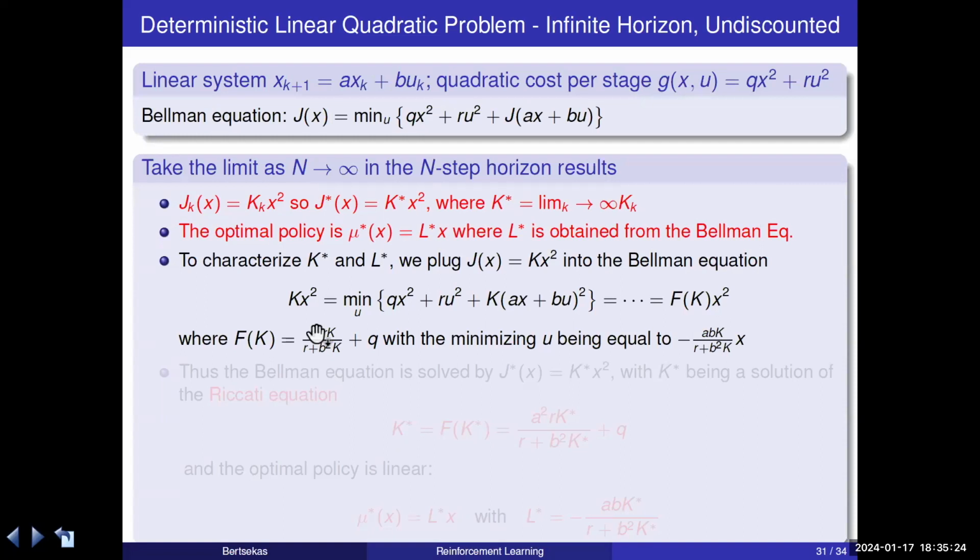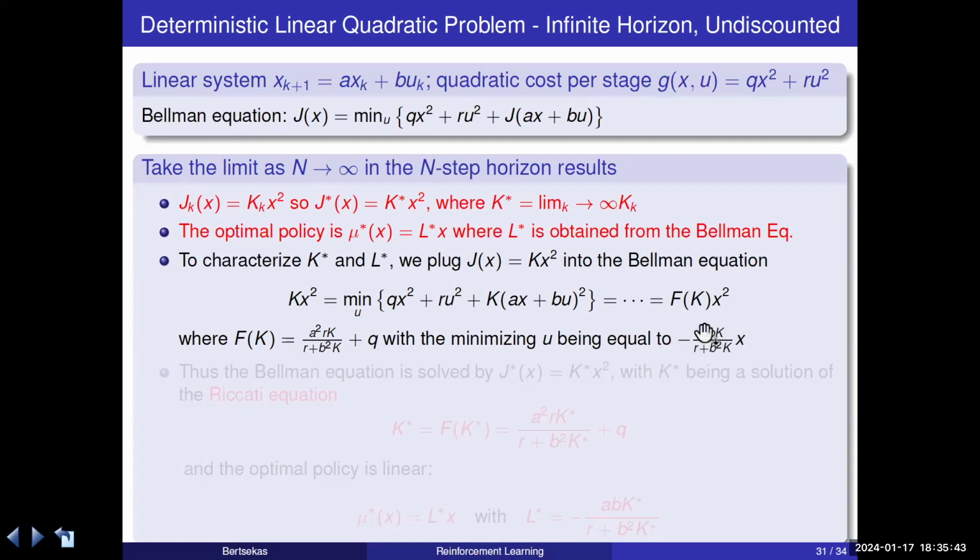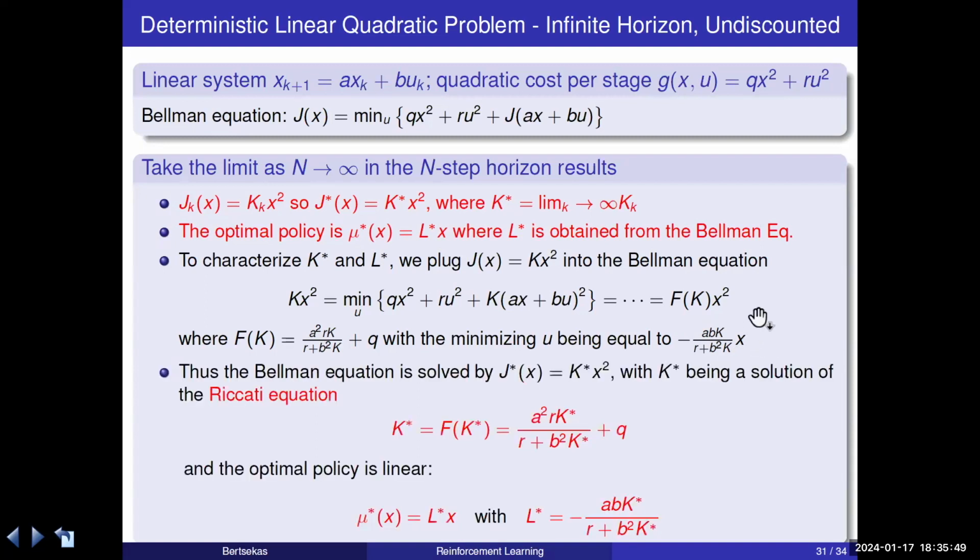So you have to find K such that f of K is equal to this. And also, once you find this K, the minimizing U obtained from this minimization, similar to our earlier calculations, is a linear function of K given by this expression here. So the final result is what you see here.